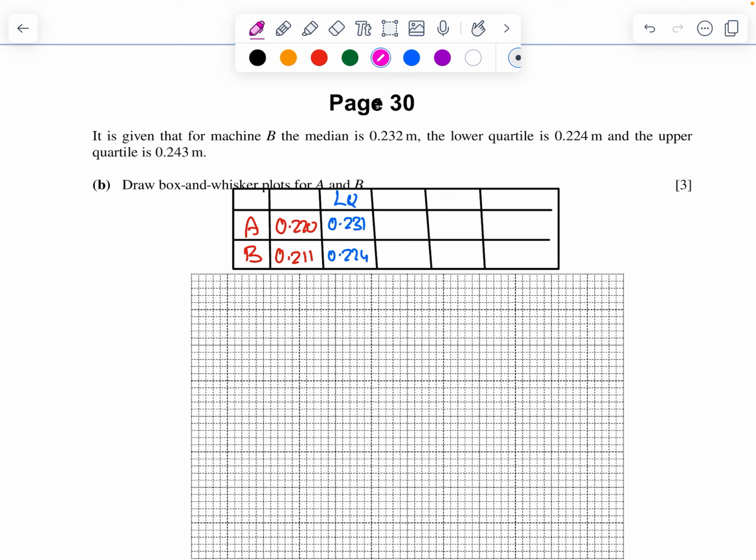Then the median is 0.238 and 0.232. Then the upper quartile is 0.245 and 0.243, and finally the maximum value is 0.254 and 0.256.